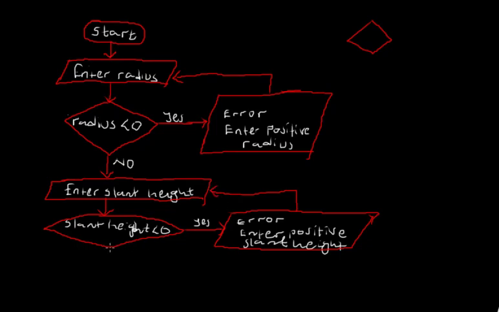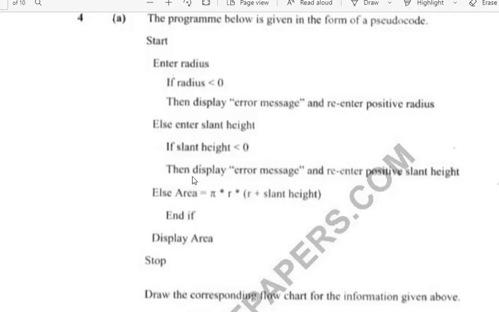But if slant height is not less than 0, so we will say no. Then what follows is else area equals that.